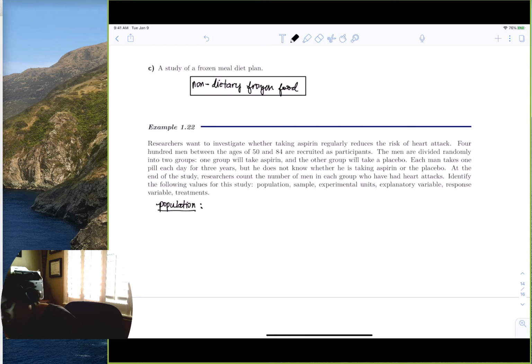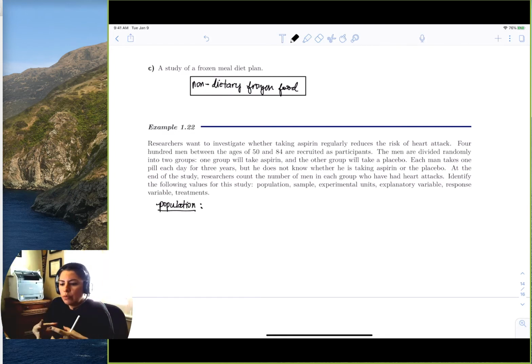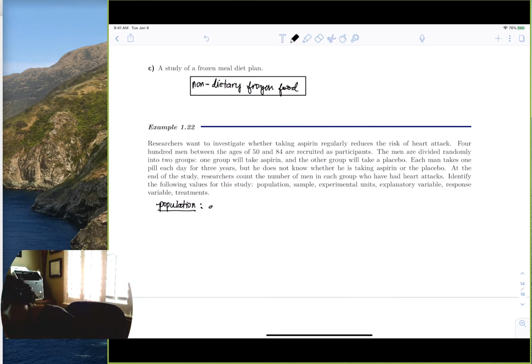Well, I do know I took a sample of 400 men, but remember, the sample is a subset of the population. So the population would be all men in this age group, right? So we would say all men in age group 50 to 84 years old.